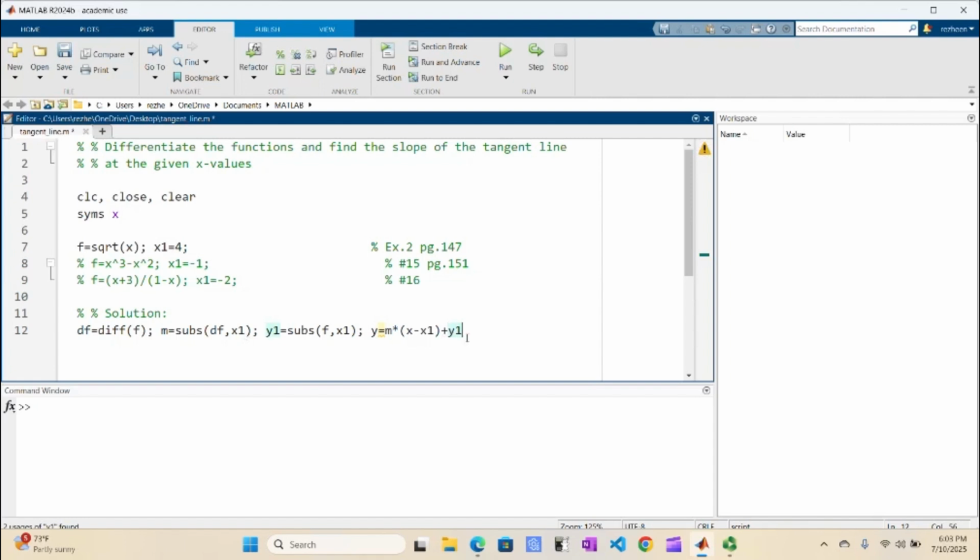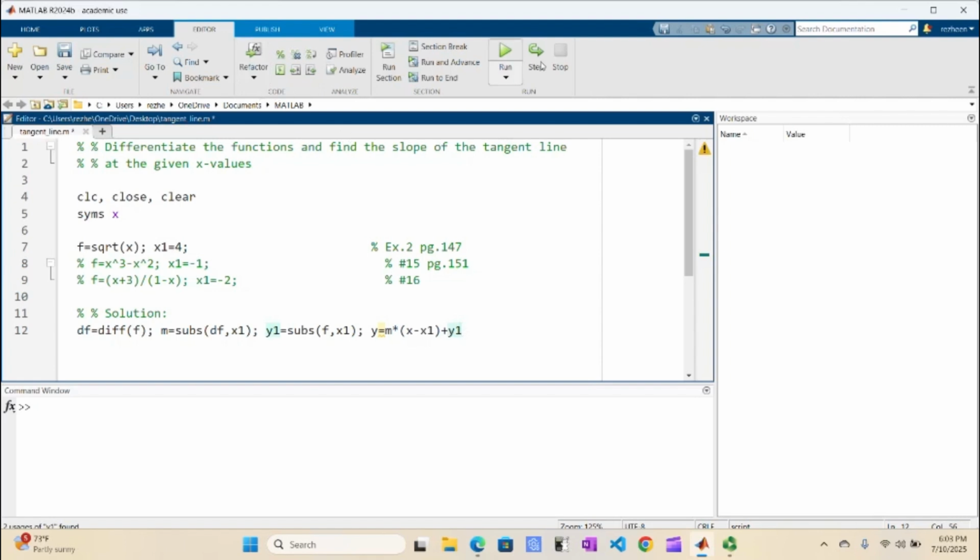Because this is the point slope form of a line, we have y minus y1 equals m times x minus x1, but I move this y1 over to the other side because in MATLAB and maybe other programming languages, it's conventional to only have one variable at a side. So y equals stuff.